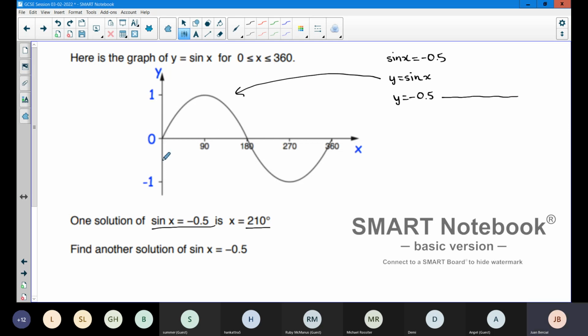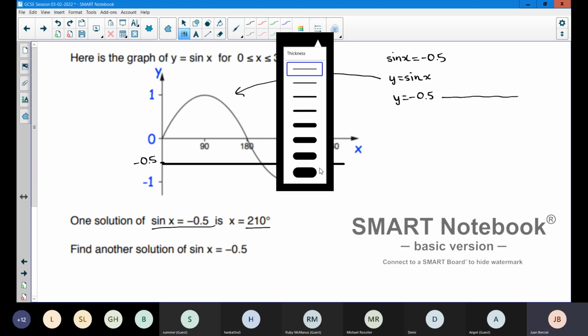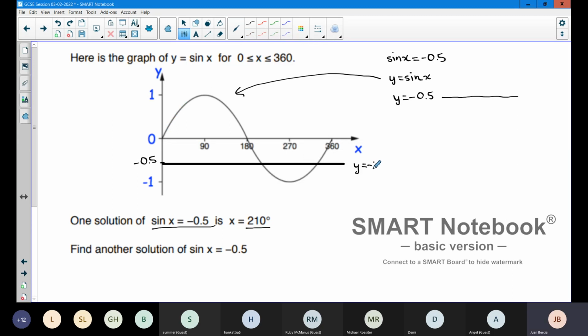So what I need to do is come here and say, well, what is minus 0.5 over here, and then I just draw a horizontal line like so, and this is y equals minus 0.5.